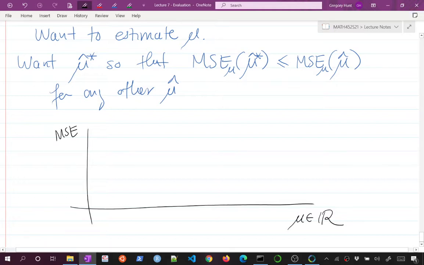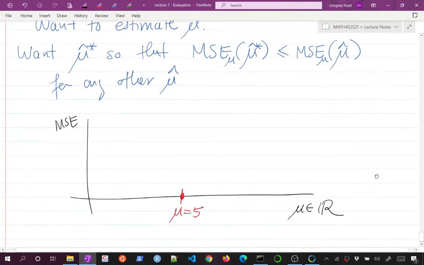Now, what would happen if my true mu were 5? Let's say mu is equal to 5. So this is 5 and mu is equal to 5. Can I come up with an estimator that has as low an MSE as possible when mu is equal to 5?